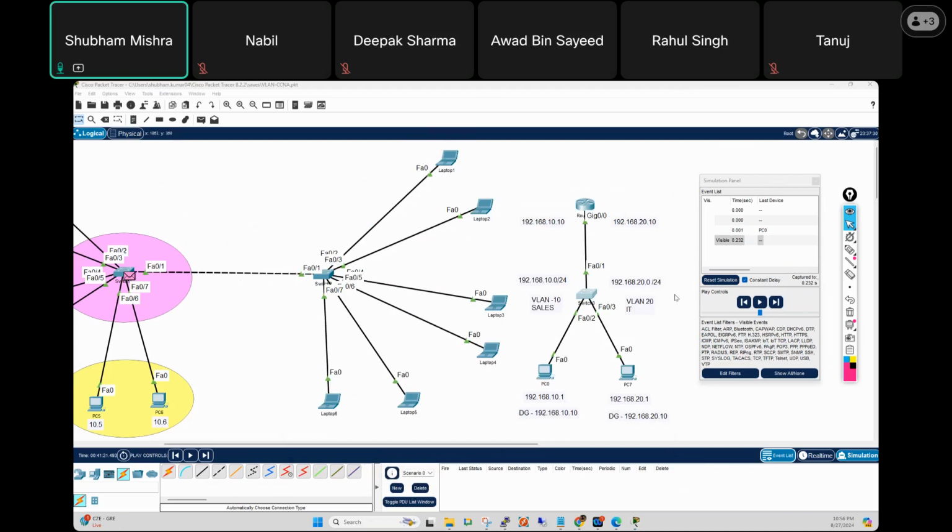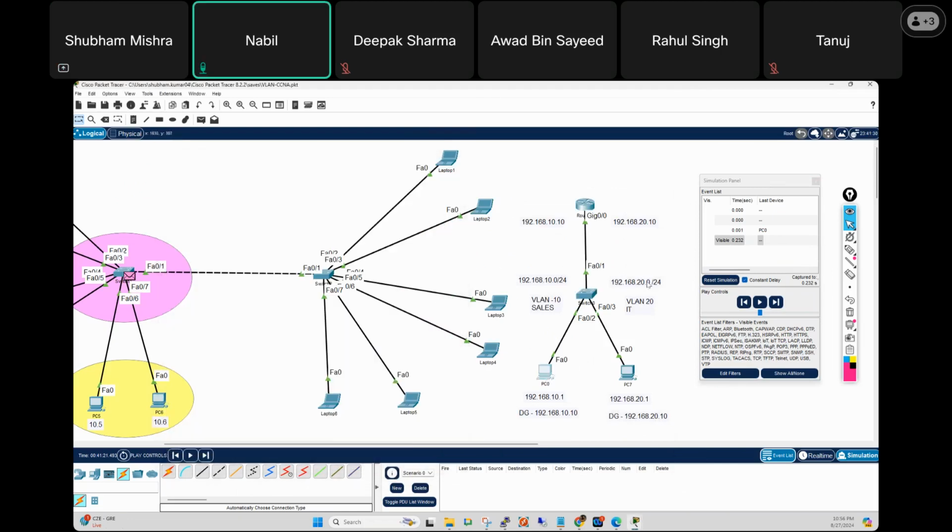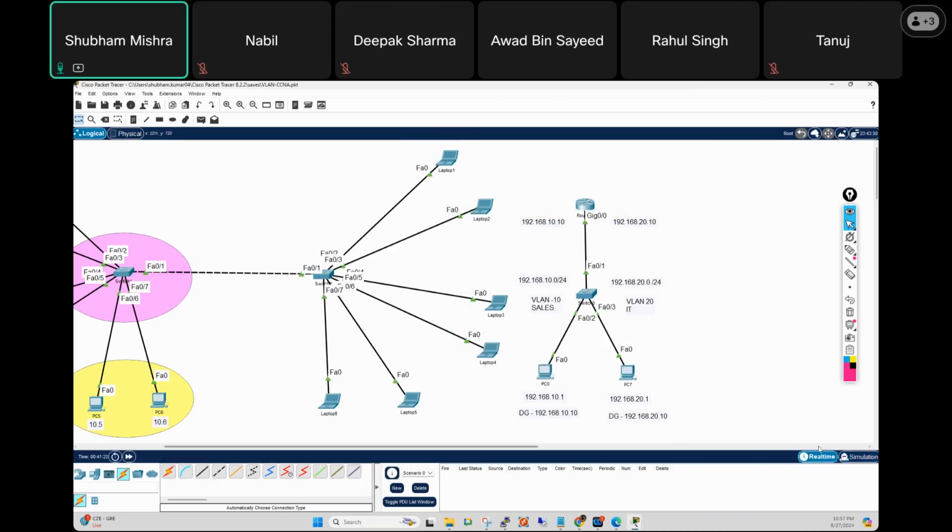Now, what do you need to do? Change the port to trunk mode. So you are saying we need to change to trunk mode. Okay, cool.